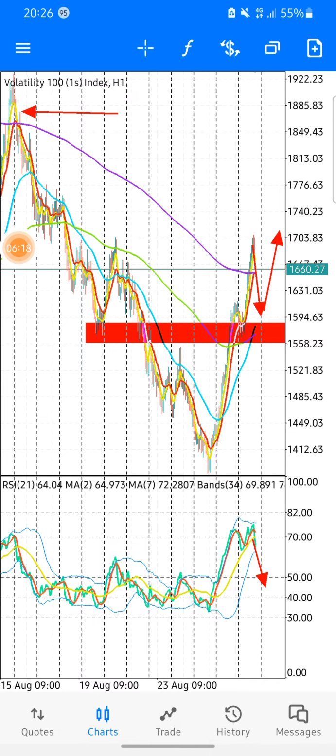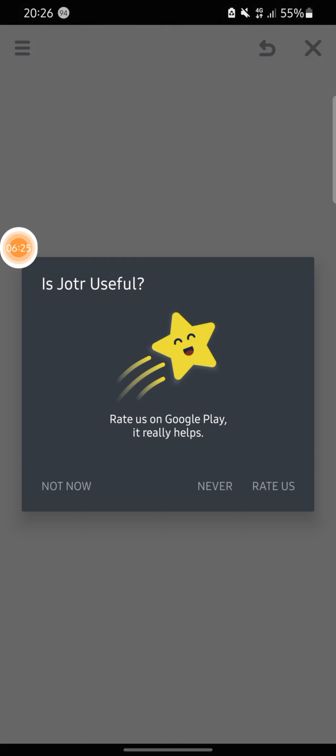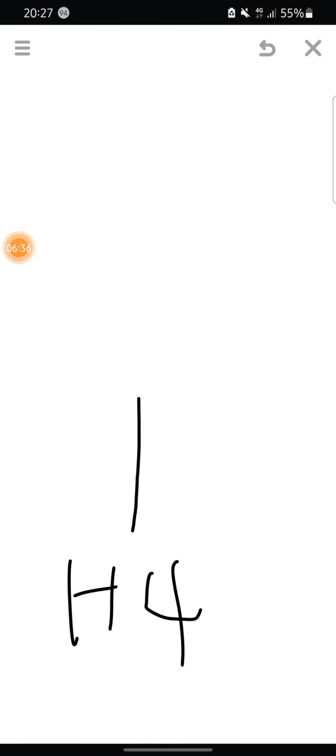If we are going to make a rough sketch of what I'm saying, this is our H4 time frame. We have the first push. This is H4, and we have got our H1 time frame here.